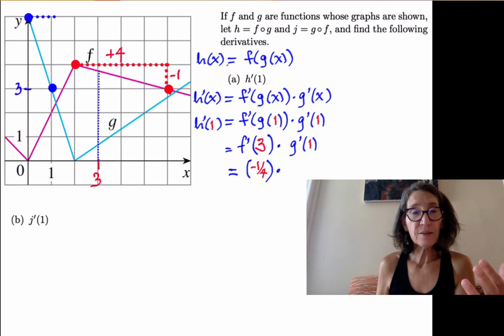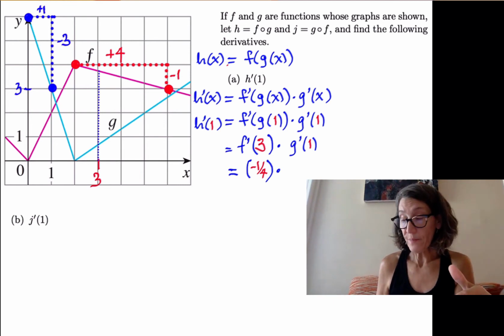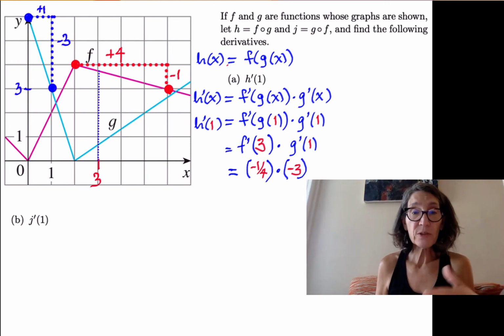The change in X is positive 1, the change in Y is negative 3, so that slope is negative 3 over 1, so G prime of 1 is negative 3. Now we're just multiplying together F prime of 3 times G prime of 1, so it's negative 1/4 times negative 3, and we get positive 3/4 for H prime of 1.